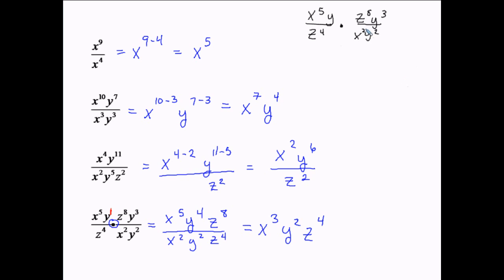So 2 goes into 5 3 times. That makes this x go away. 4 goes into 8 4 times, and that made that go away. And here I have a y over a y. 2 goes into 3. And I just divided.